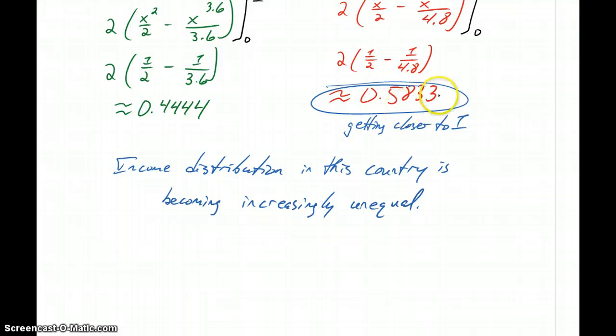Because again, as this Gini index gets closer to 1, 1 would represent absolute inequality. So right now we're at some stage, whether we consider this bad, a poor distribution of wealth or a decent distribution of wealth, we're getting to something that's worse. We're getting closer to that value of 1. So income distribution in this country is becoming increasingly unequal.